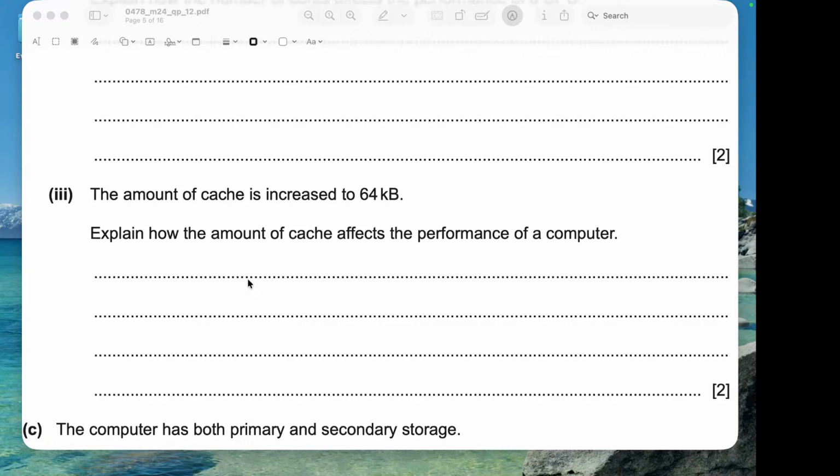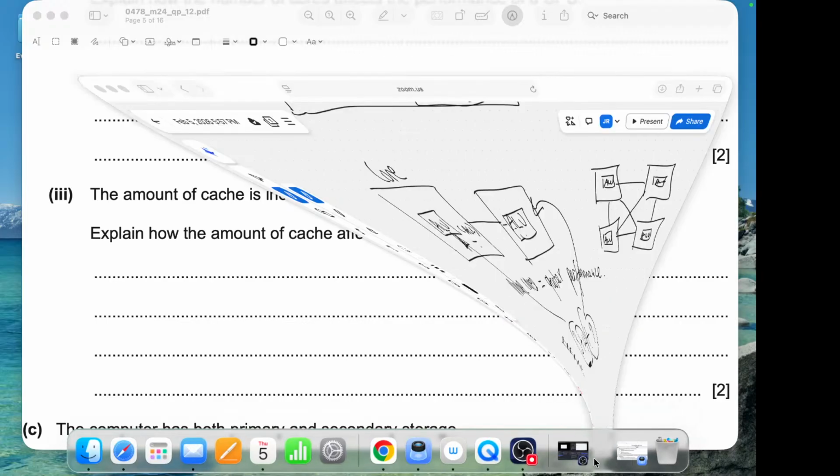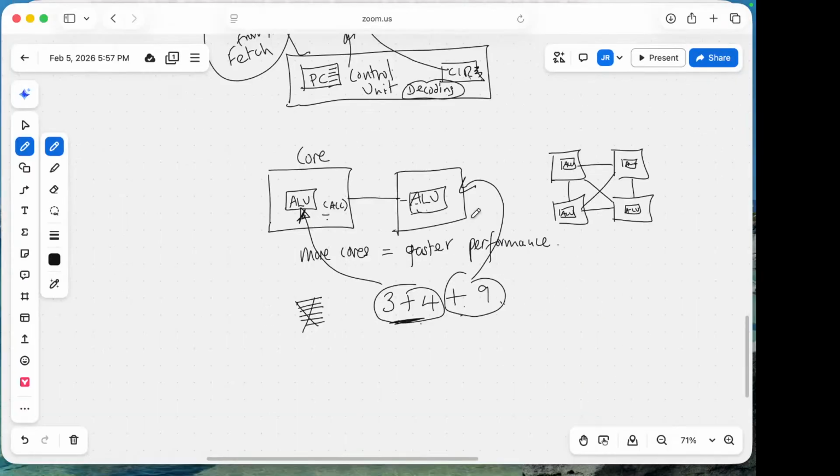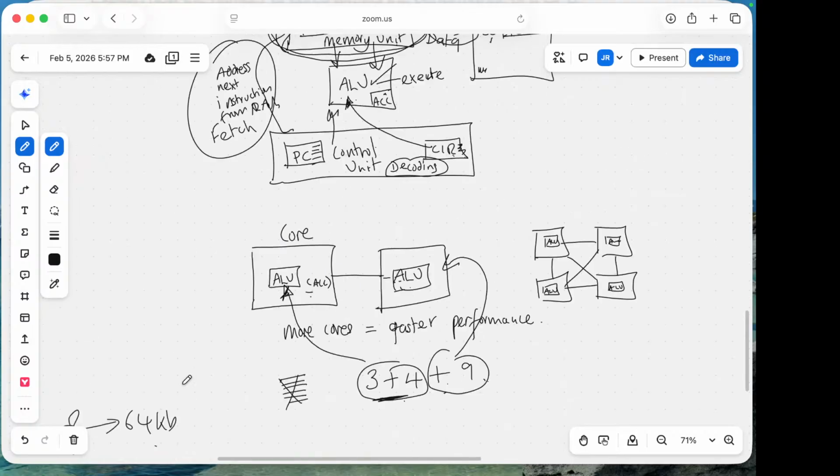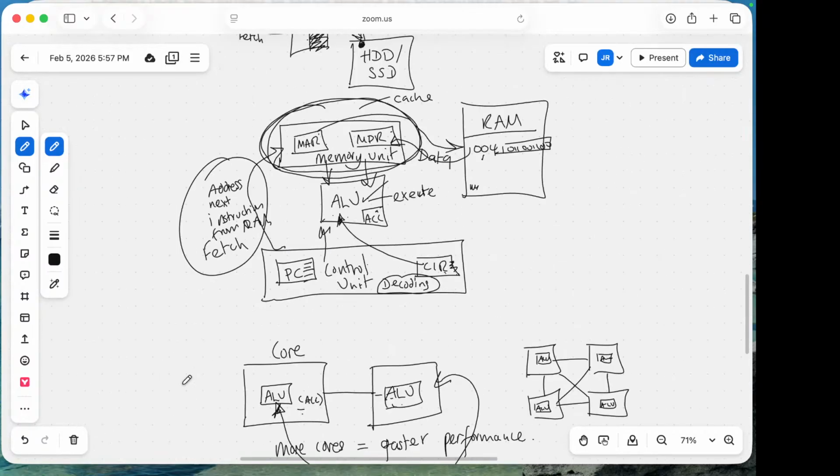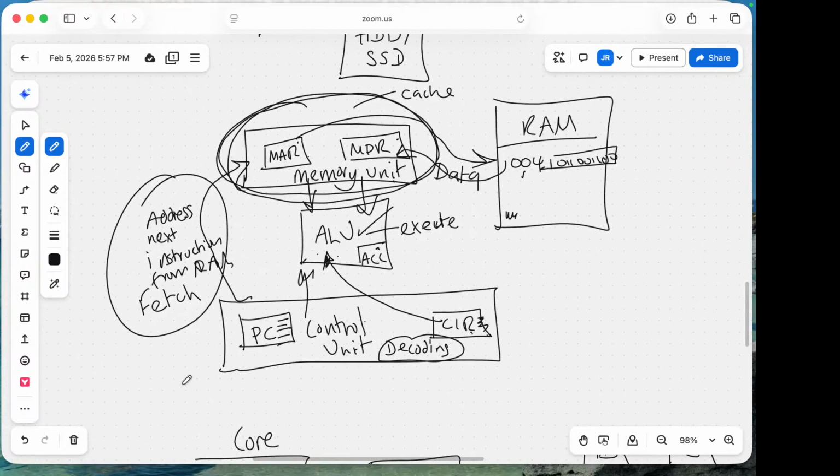So this basically just goes back to what I was saying earlier about the von Neumann architecture. If you increase it, we've gone from 8 to 64, anything on a computer that goes from a small number to a large number is always going to be better, without exception. But if we think about our von Neumann architecture here, effectively the cache is in the memory unit, and this is what we call static RAM.